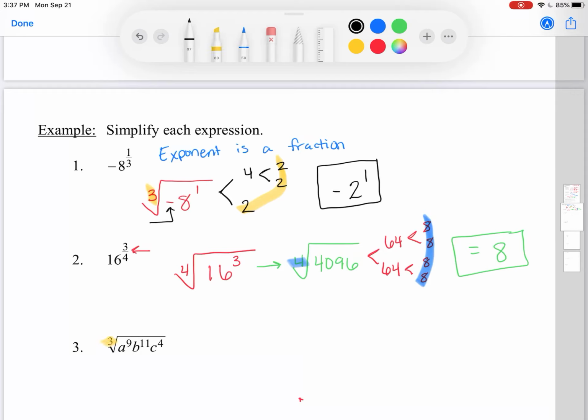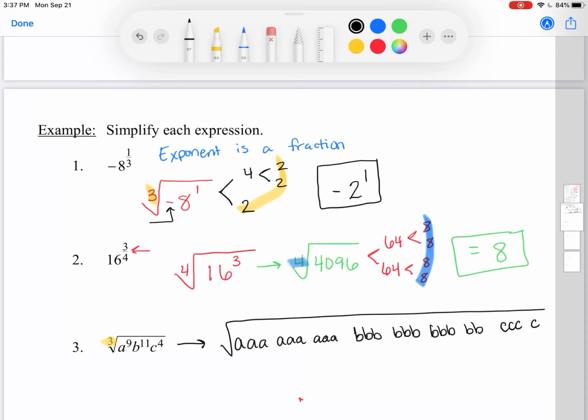Question 3 is looking for groups of 3. That 3 is part of my radical, so it tells me how many I need in a group. And so if I write this out, for every term, I have 9 A's. There's 9, and then I have 11 B's. And you'll notice that I'm leaving a space every 3rd B, or every 3rd letter.